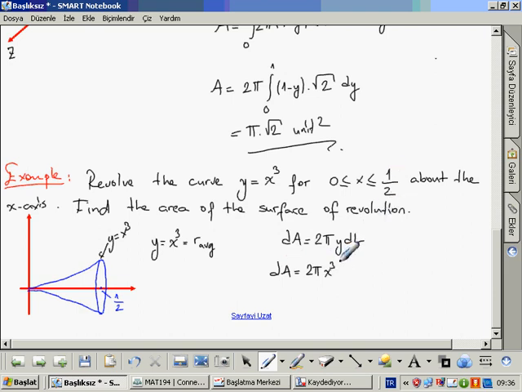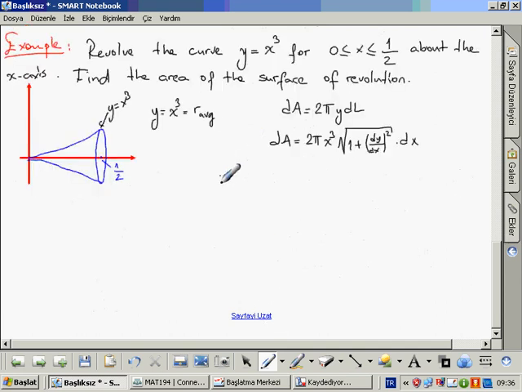Okay, and the square root of 1 plus del y over del x squared times del x. Okay, and if y equals x cube, del y over del x equals 3x squared.